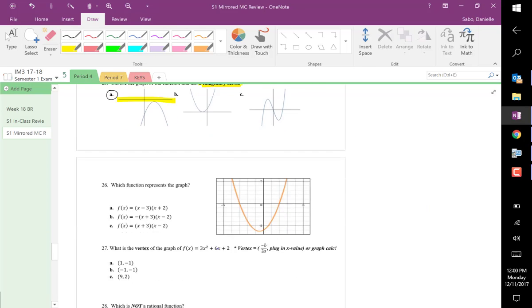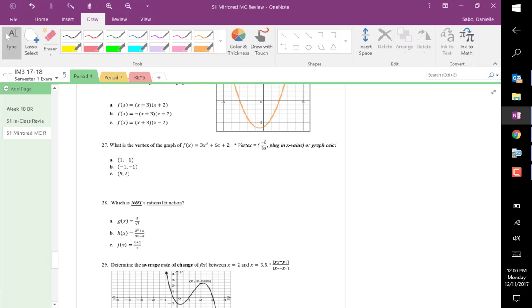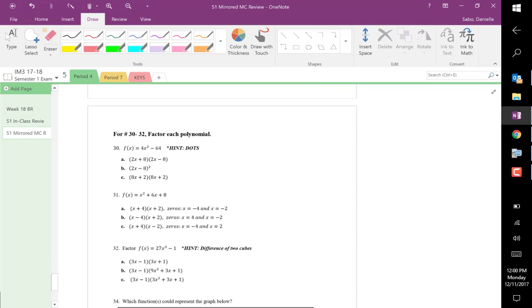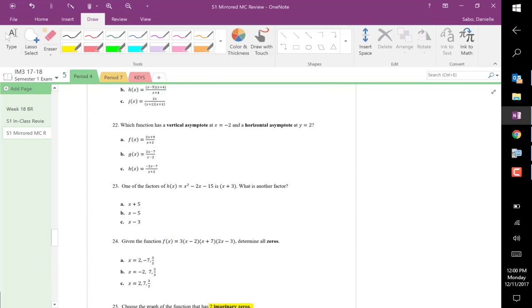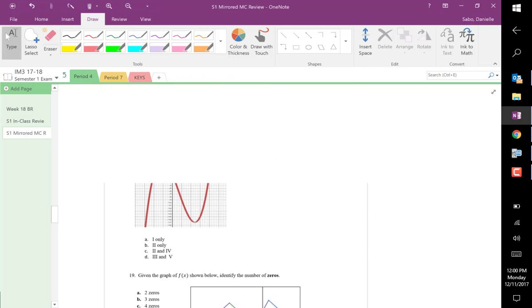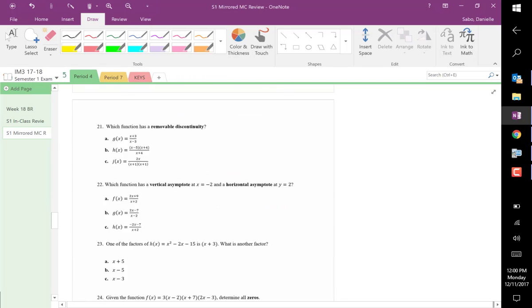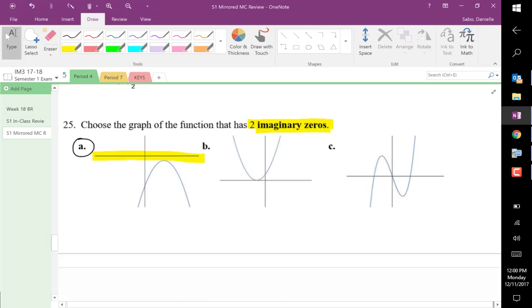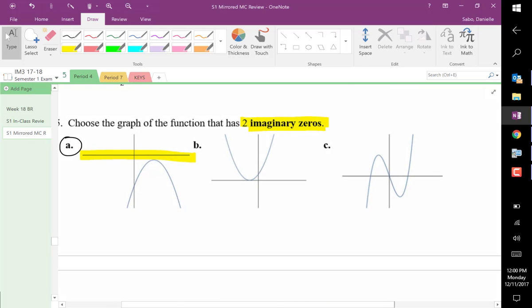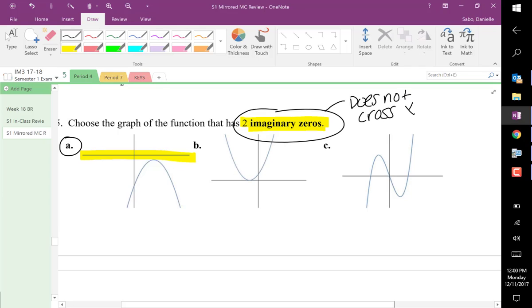Now, looking at 26. No, I want to look at a different one that's like that. 25, it didn't cross the x-axis for A, and that's why it's A, because of imaginary. So remember, imaginary means it does not cross. Let me write that down. Does not cross the x-axis is what that means.